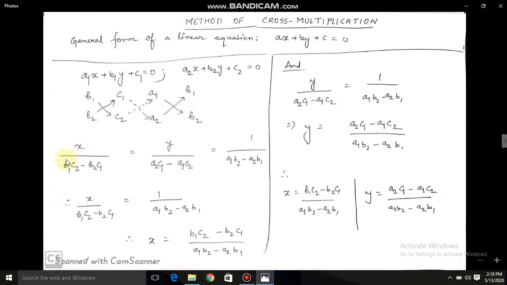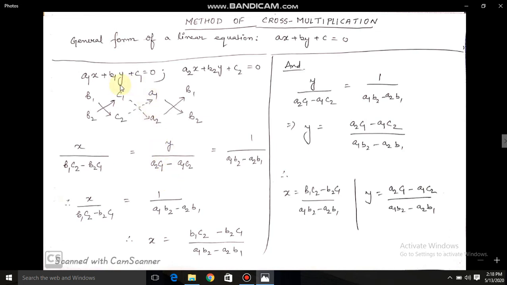We will write x divided by something is equal to y divided by something is equal to 1 divided by something. Now how does this something come? For the denominator below x, it should be b1 into c2. See, I have given an arrow. b1 c2 minus b2 c1.